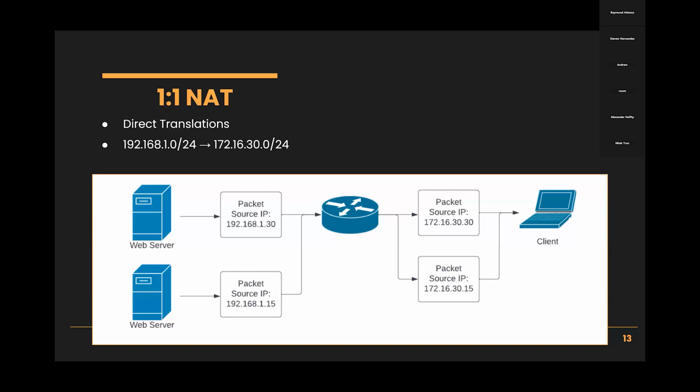With one-to-many, if you want to have two web servers, it's really hard to have one IP have two functionalities on the same port. So if you wanted to hit a specific web server on port 80, you might be sent to the other one, or it's just not going to work at all. And with one-to-one, you can have multiple web servers all on port 80 in the same network.